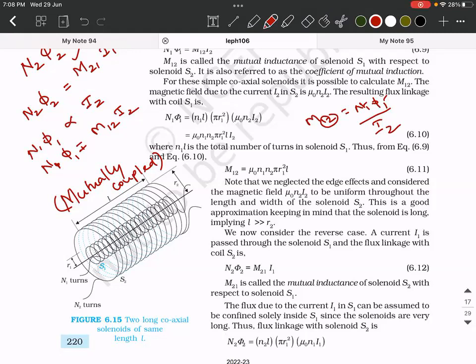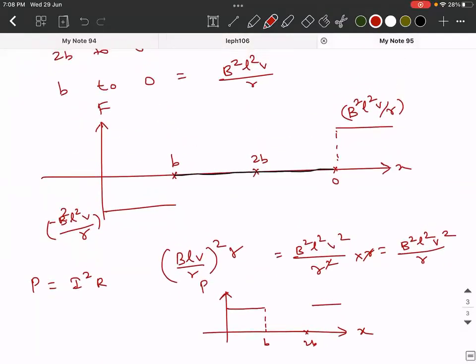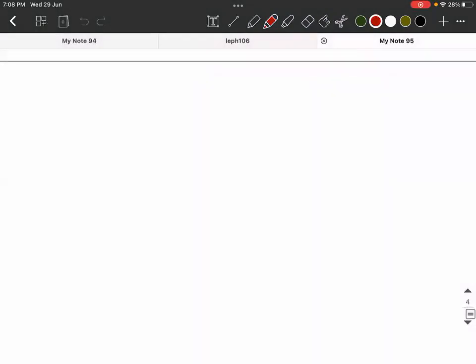So similarly, if you observe M12 and M21, what is going to be the SI unit of M12 and M21? There is one more step that we can do, I'll tell you. I wrote N2φ2 is equal to M21 times I1.